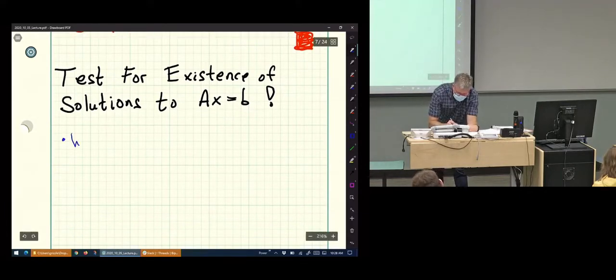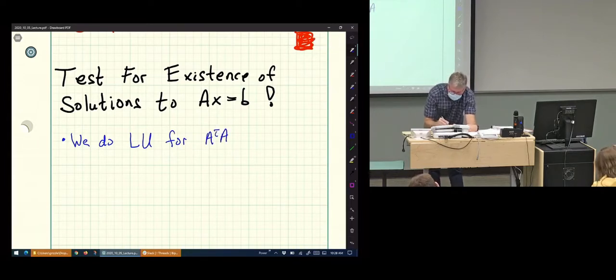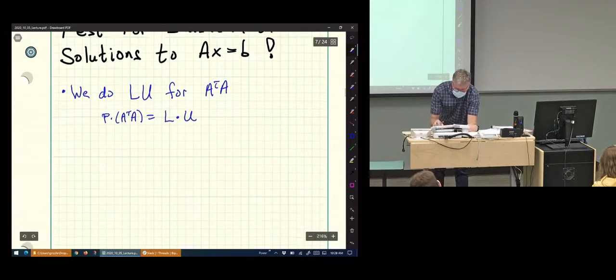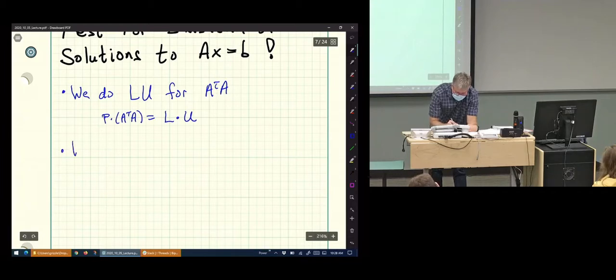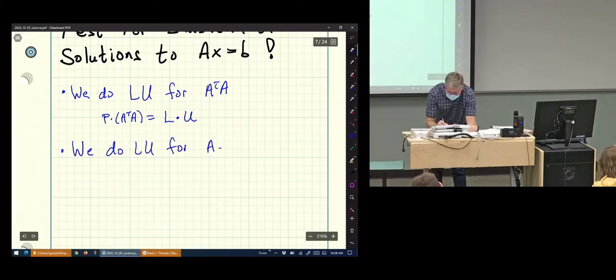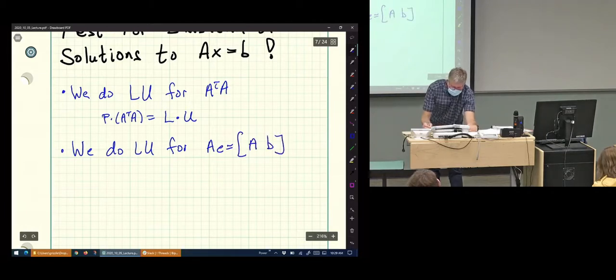So step one, we do LU for A transpose A. And we'll write that as P A transpose A equals L times U. And then we do LU for the extended matrix where we add the columns of B to it.